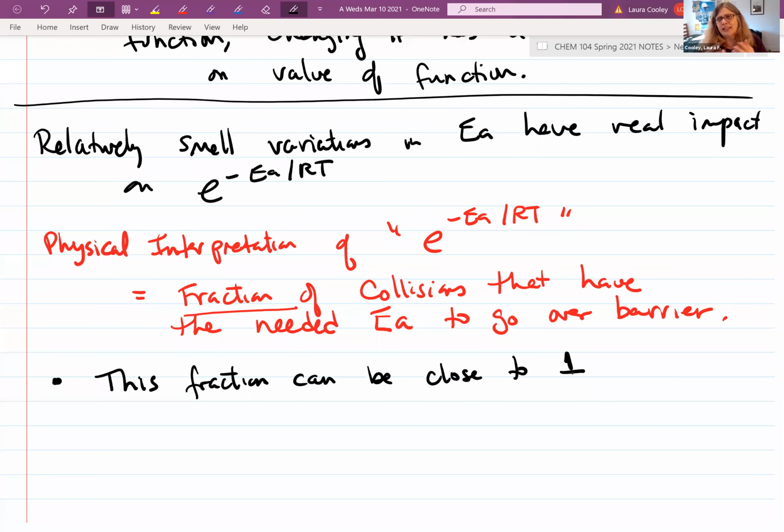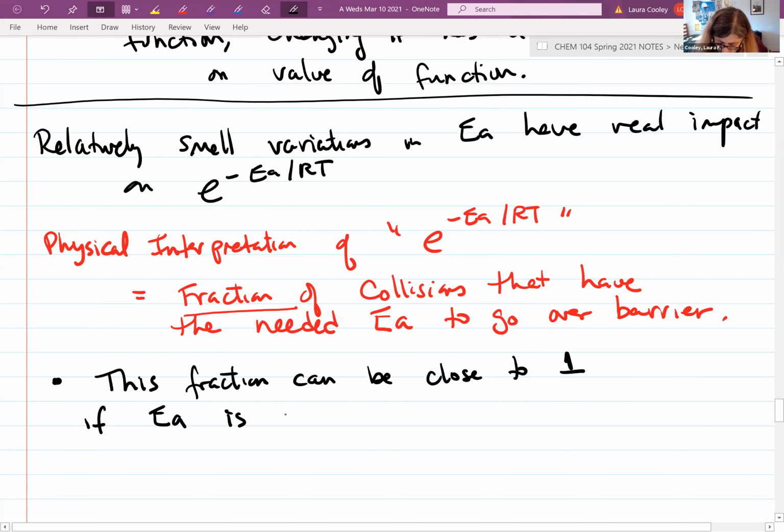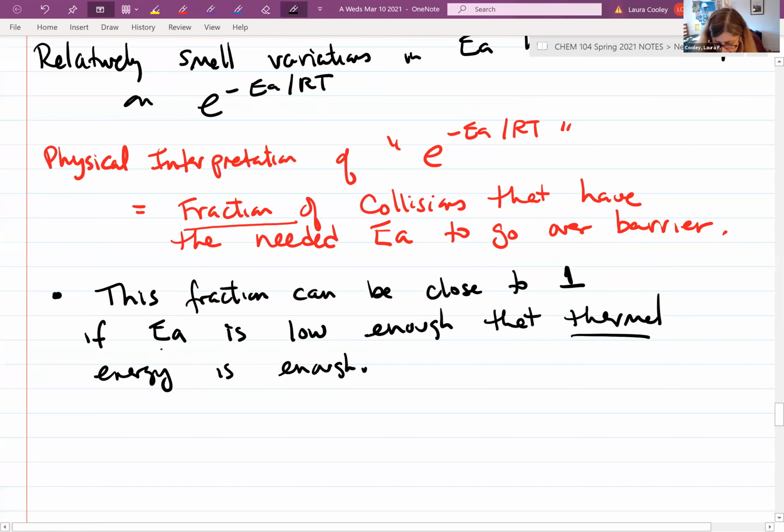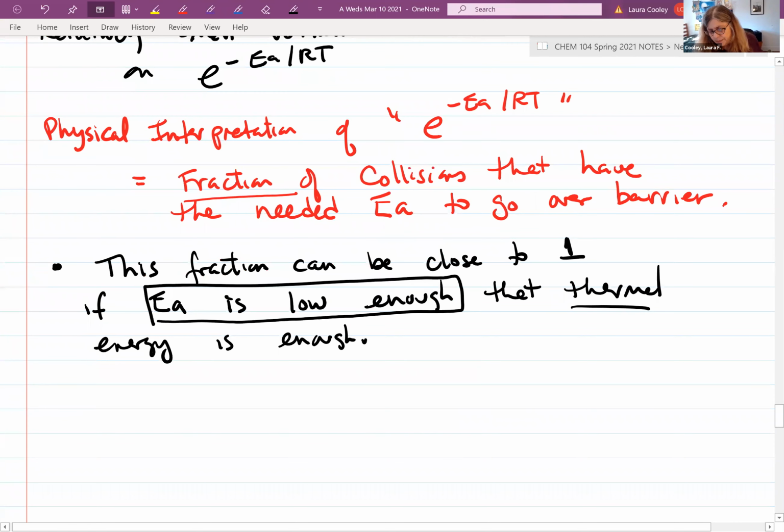That's energy due to the fact that the temperature isn't 0. There's motion energy of molecules. This fraction can be close to 1 if the activation energy is low enough that the natural thermal energy is enough. So if the EA is low enough, you can have this exponential factor being something like 1.